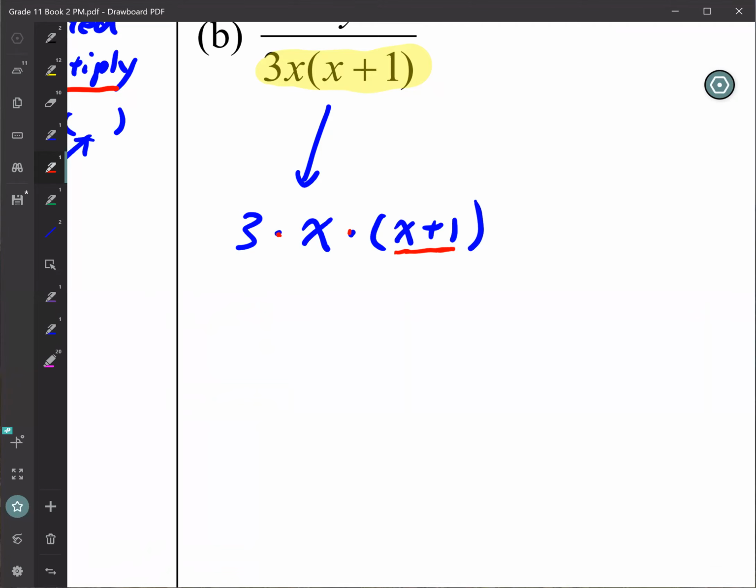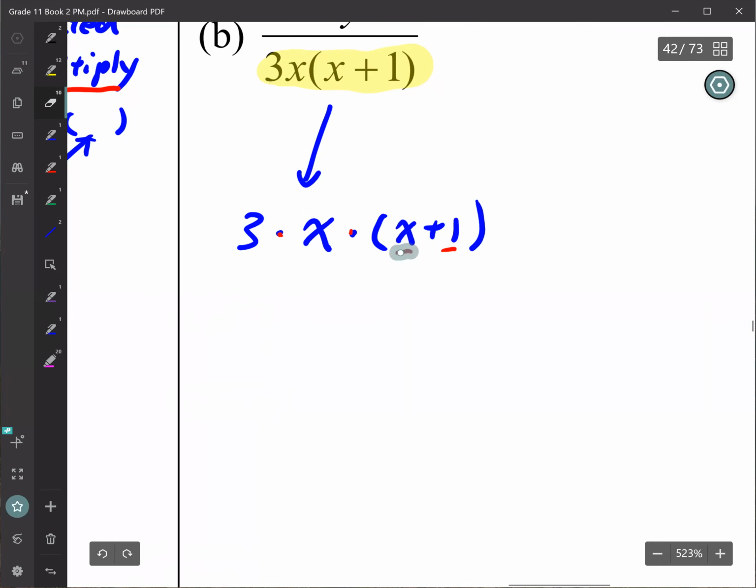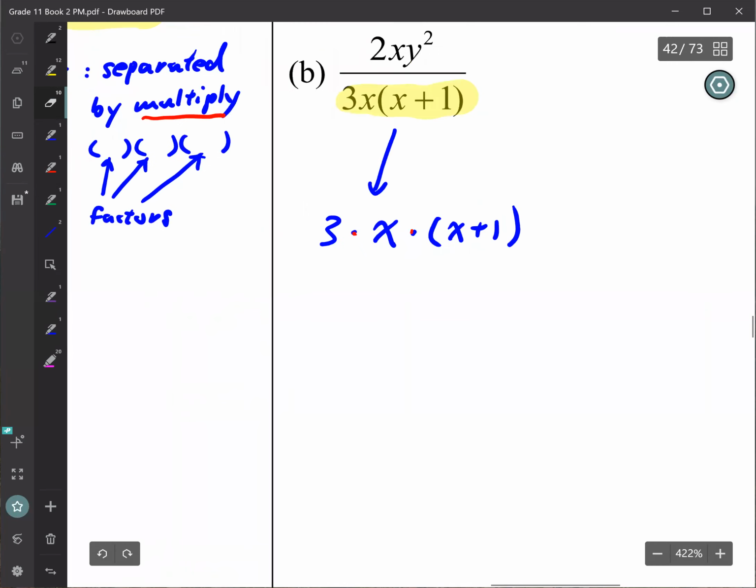They count as 1 factor. So we need to get 1 restriction from each one. Once again, the 3 we don't care about, because it's not a variable, so no restriction from there.